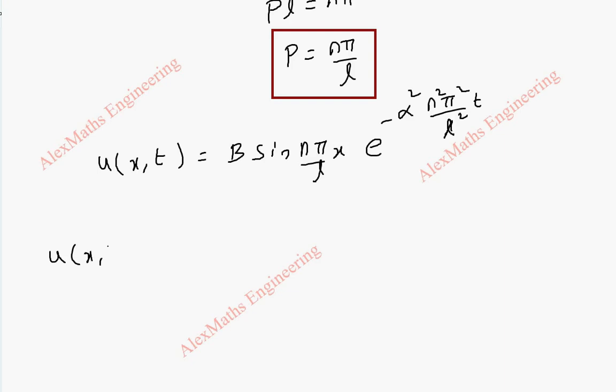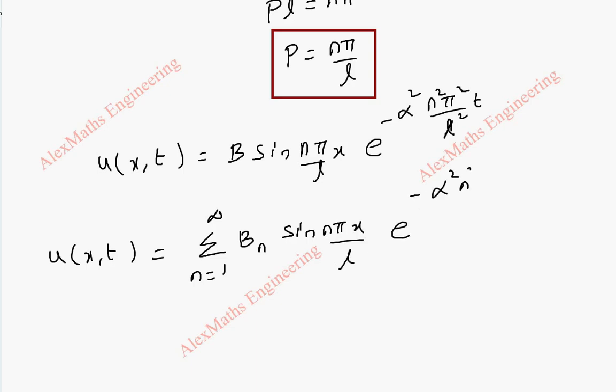Rearranging, this can also be written as the summation from n is 1 to infinity, the constant is Bn, and we have sin(nπx/L) e^(−α²n²π²t/L²).